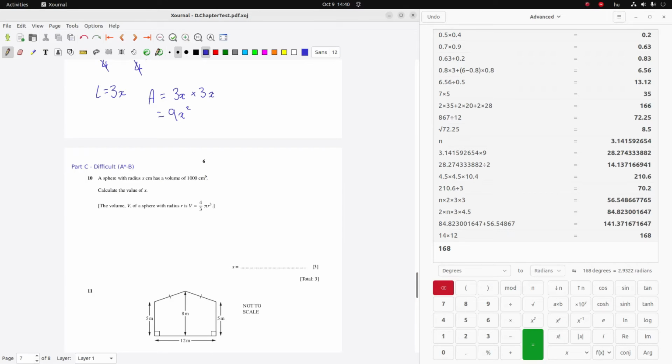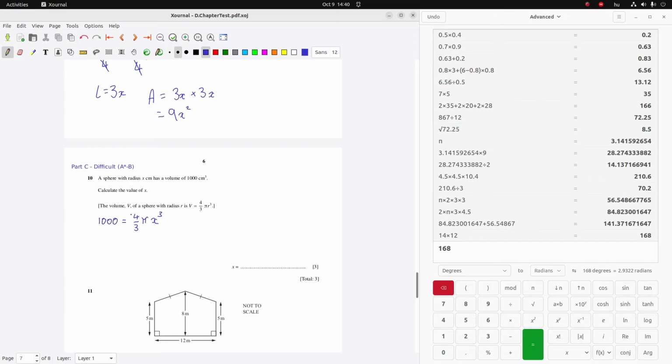So we have 1000 equals 4 over 3 multiplied by pi x cubed. We want to get rid of this 4/3.